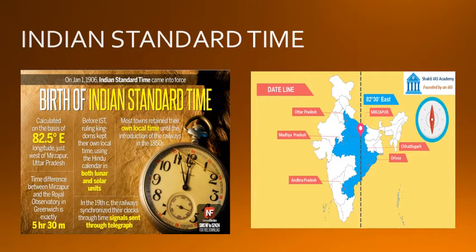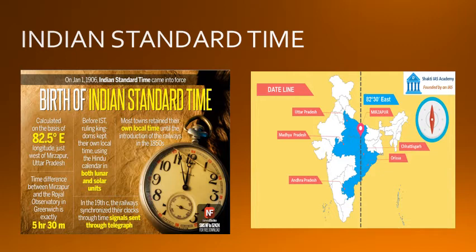In every country of the world, a more or less central meridian has been selected as the standard meridian. If we talk about India, the standard meridian of India is 82.5 degrees east longitude, which passes through Allahabad.